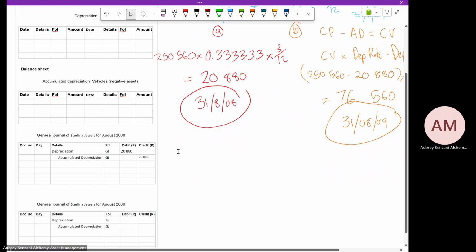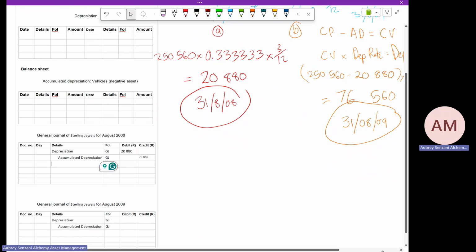That's how we record 2008. But then we know that at the end, we also need to close off our depreciation account, our expense account. Remember, you also need to write your narration. Under your narration, you put it in brackets to tell us what went on with this transaction.